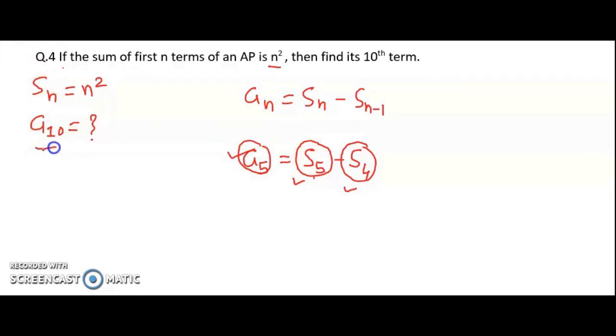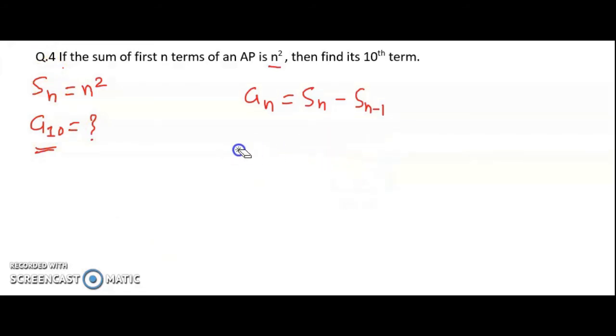So in this question we want to find out the 10th term. So here we can write it like this: the 10th term of an AP will be equal to sum of first 10 terms minus the sum of first 9 terms.